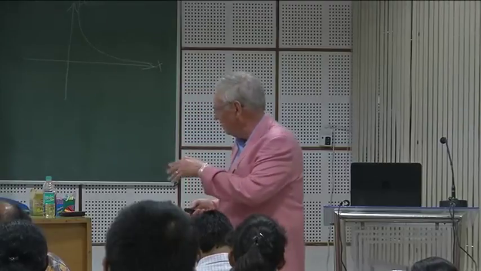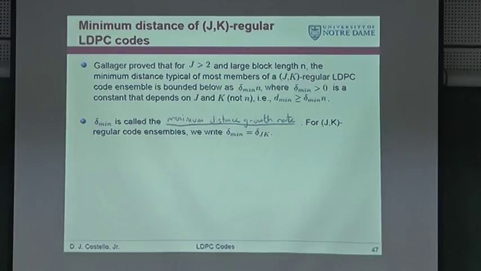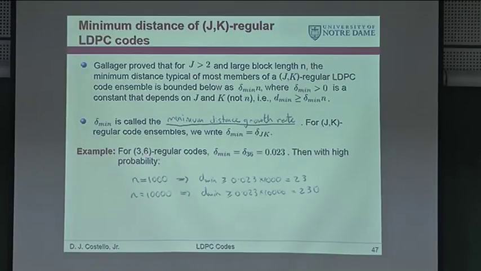So this kind of random type construction does guarantee that we can get as large a distance as we want if we make the block length big enough, assuming that the ensemble has a delta min greater than 0. So for 3,6 regular codes, which is very common, remember j has to be at least 3, and 3,6 regular would be the ones whose nominal rate is a half, the delta min is 0.023.